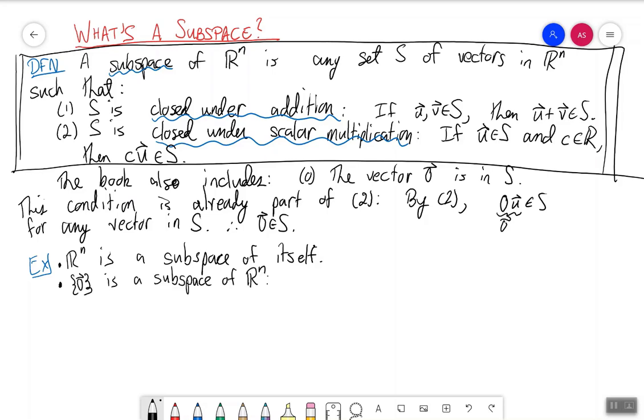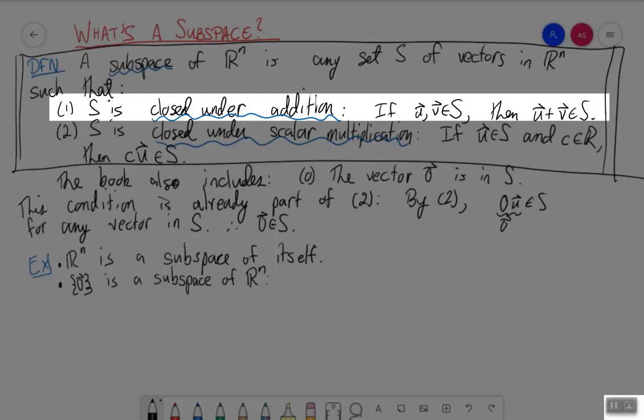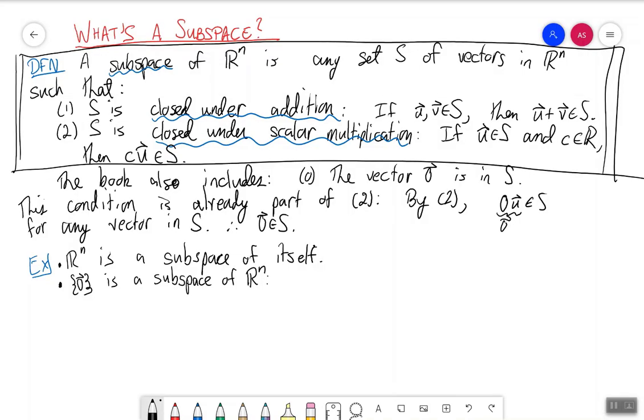The set consisting of the single vector 0 is also a subspace of Rn. Let's think why that is. Looking at the first condition, we need to say, if I take two vectors in the set and I add them together, I'm still in that set. If I take 0, and the only other vector in that set is the same vector, and I add it to itself, that's still 0, which is still in here.